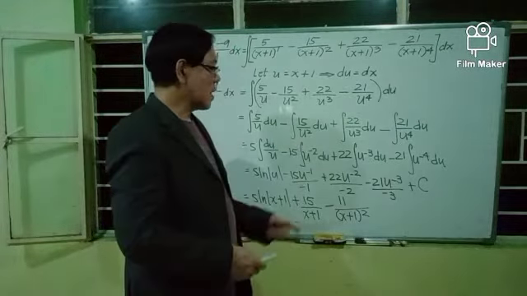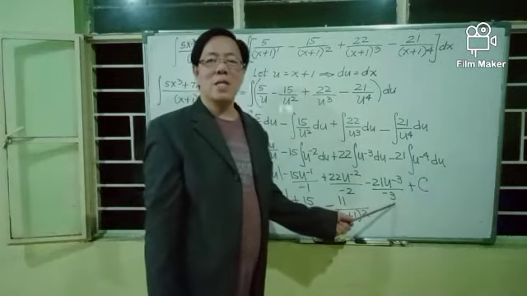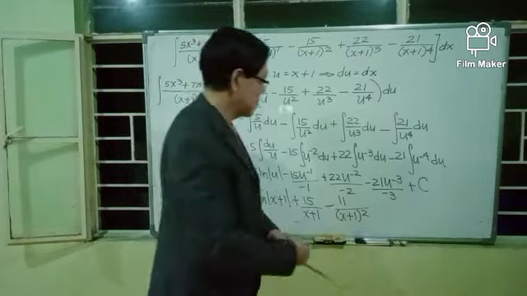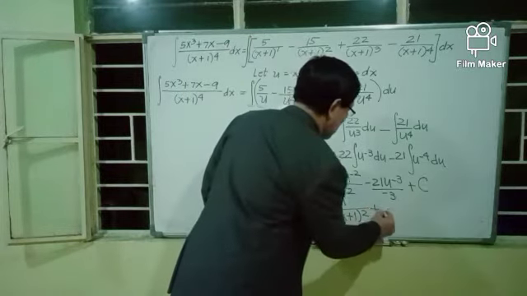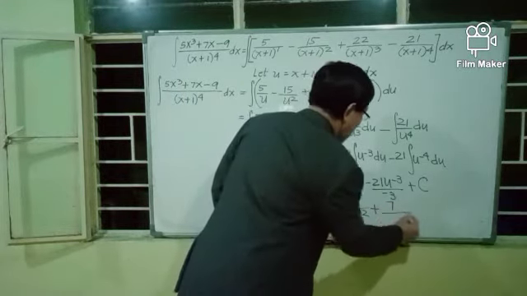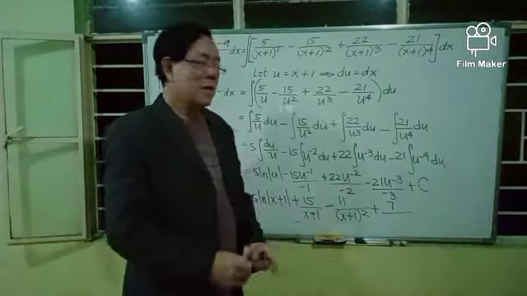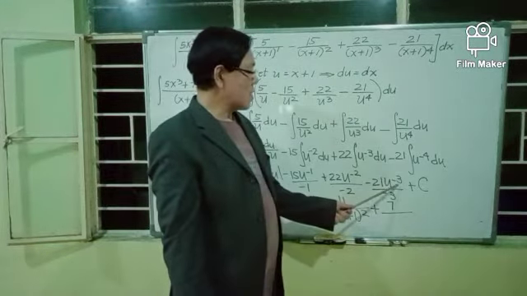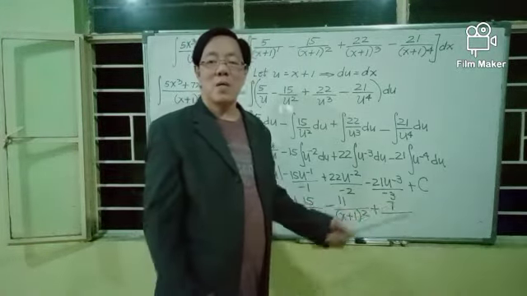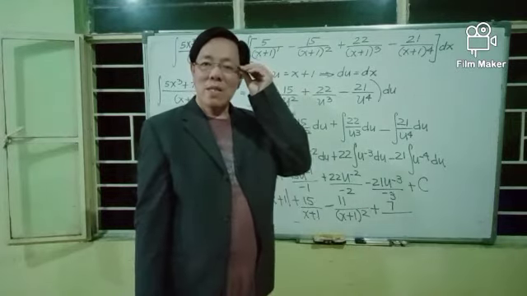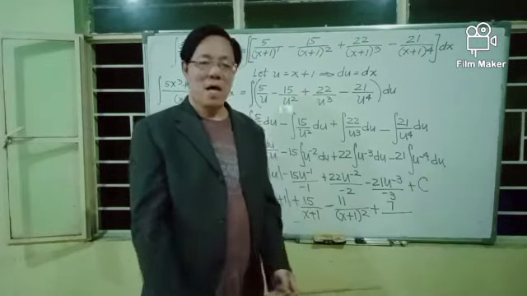The next term is negative 21 divided by negative 3, that's positive 7. And again, we bring u to the negative 3 to the denominator because we want to get rid of negative exponents in the final answer.